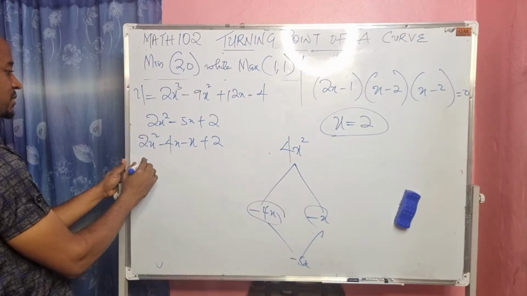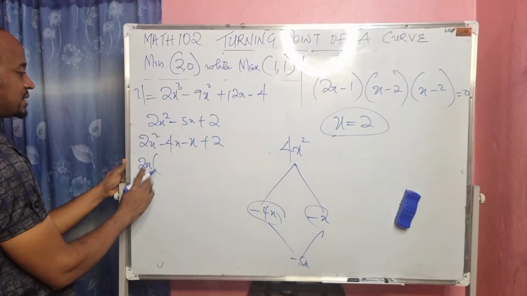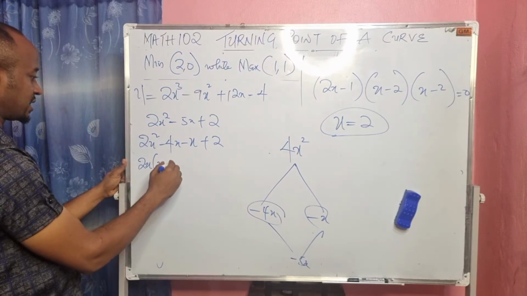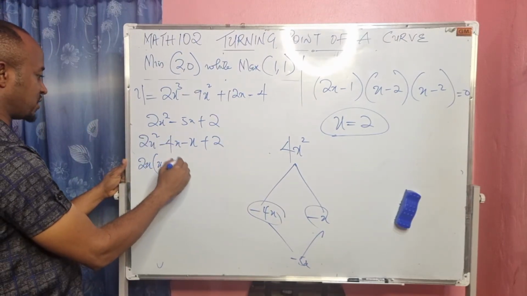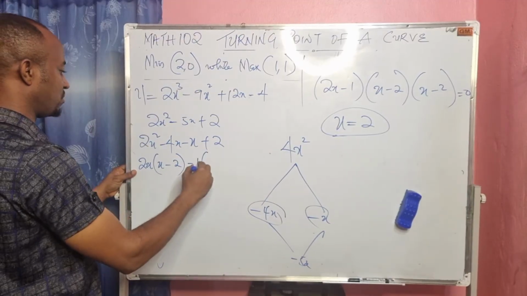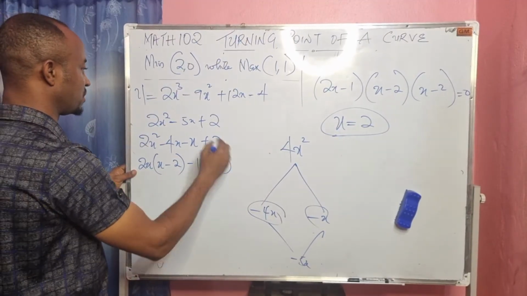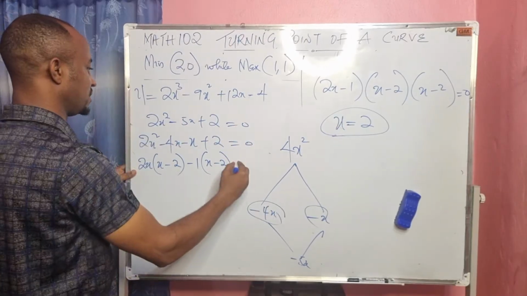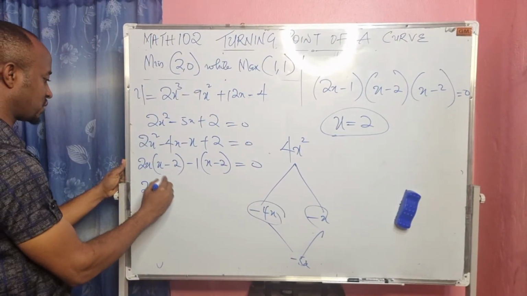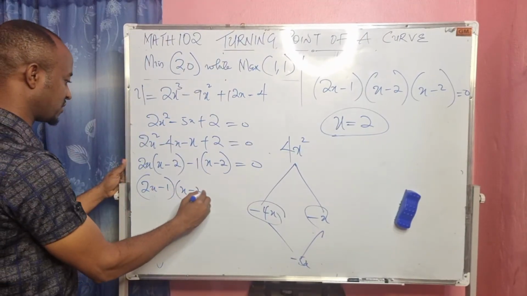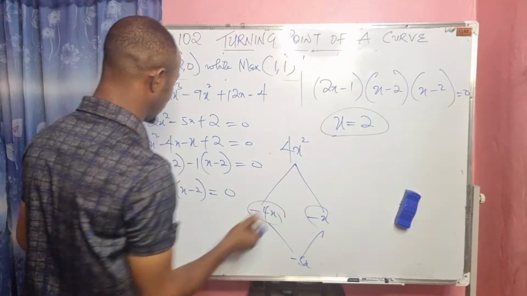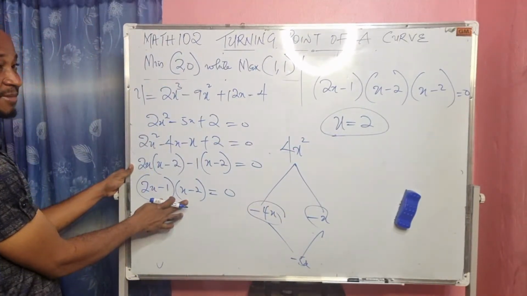Between these two terms, 2x is common, right? That will give us x minus 2. Between these two terms, minus 1 is common. We have x minus 2. This is equal to 0. So that means here we have 2x minus 1 and x minus 2, all equal to 0. So you can see that the other factor is also x minus 2.